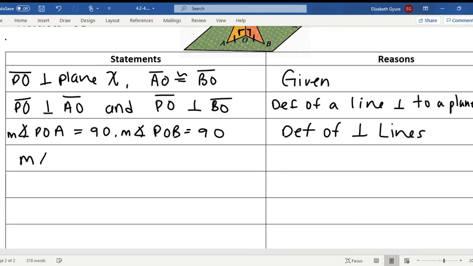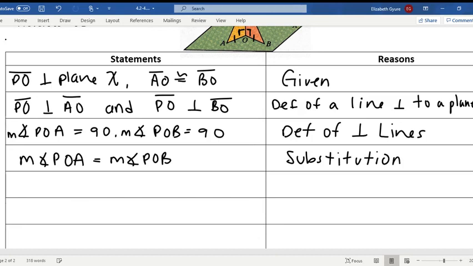Okay, so we're going to say the measure of angle POA equals the measure of angle POB. What property could we use here? Logan? Sure, substitution works for me. You can also use transitive if you prefer.